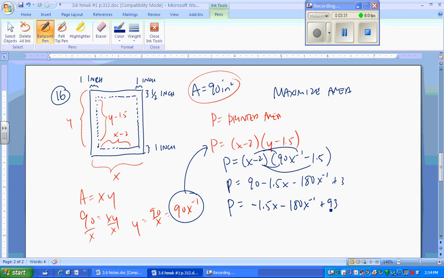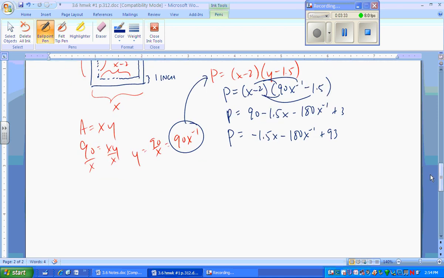Now if we take the derivative of that, we get negative 1.5 plus 180 times x to the negative second plus 0. So now we want to know, when is this 0 or undefined? Well, for this, we can rewrite it.